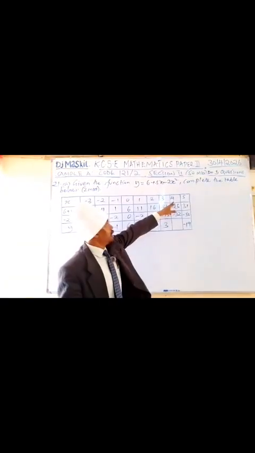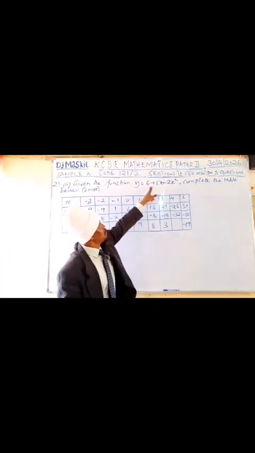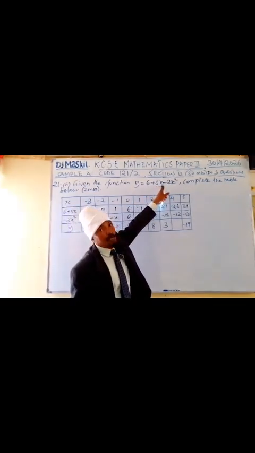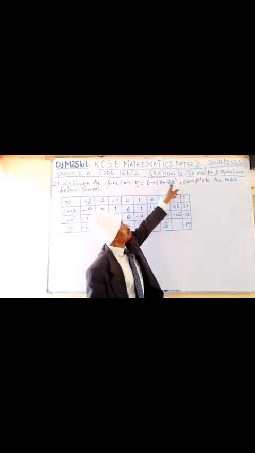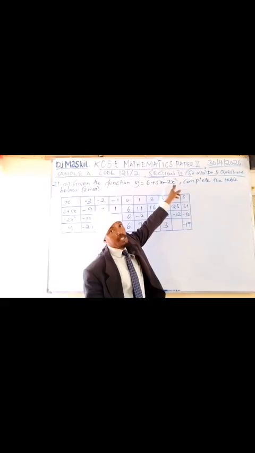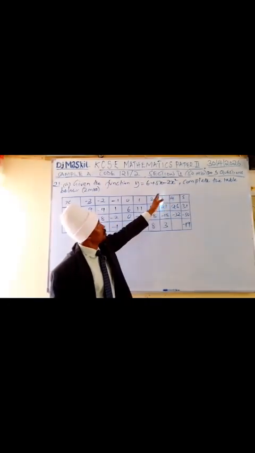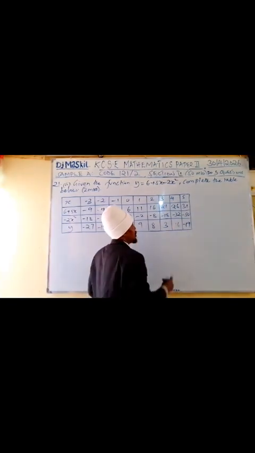So when x is 4, the value of y will be 6 plus 5 times 4, which is 20, so you get 26, minus 2 multiplied by the square of 4, which is 16, and then you get 32. So here you are going to get negative 6.